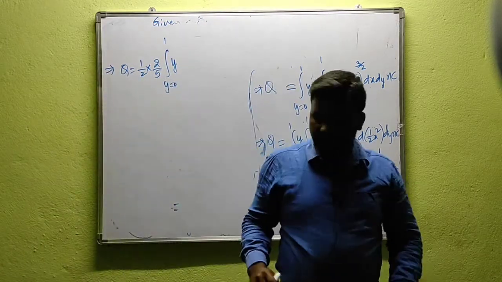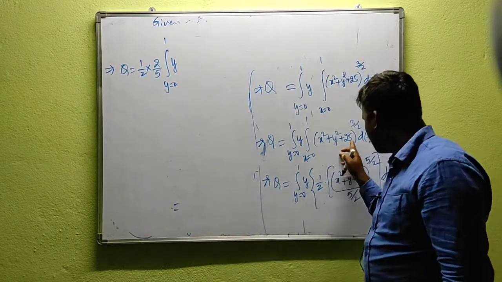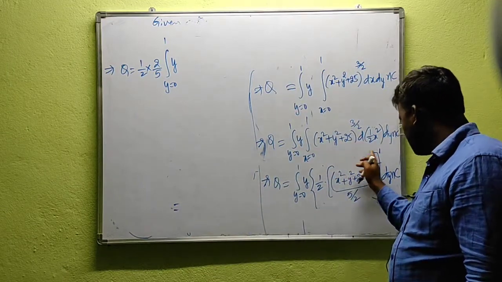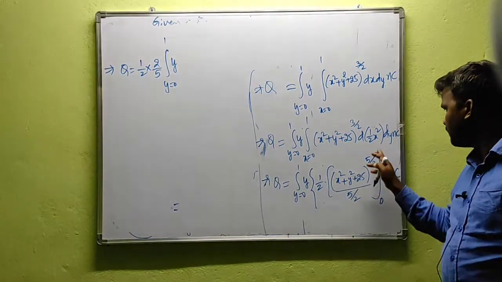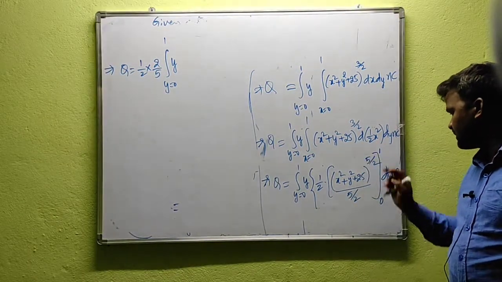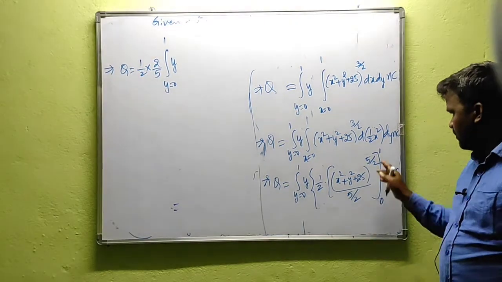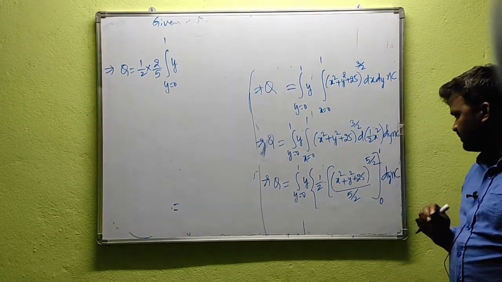What about the remaining part? The integration of (x square plus y square plus 25) whole power 3 by 2 is (x square plus y square plus 25) whole power 5 by 2 by 5 by 2 with respect to d of x square. Now upper limit is 1 and lower limit is 0.